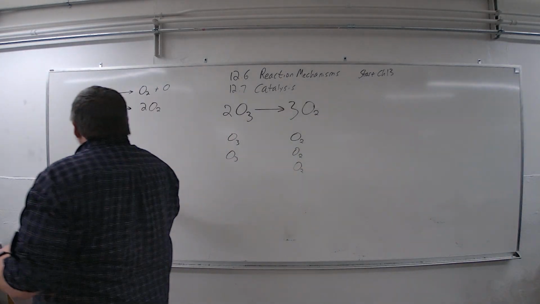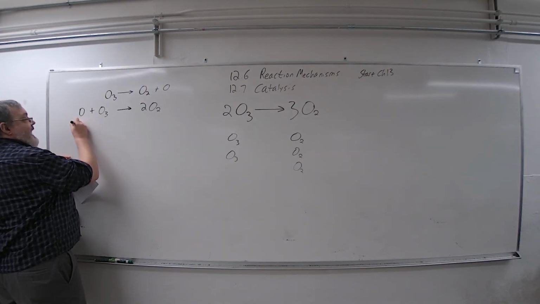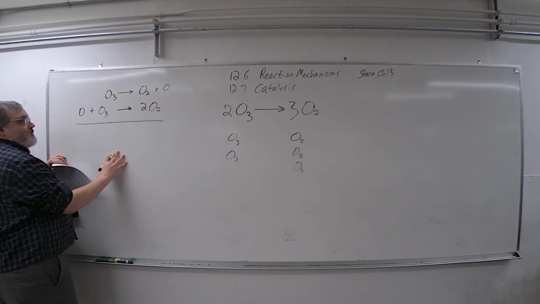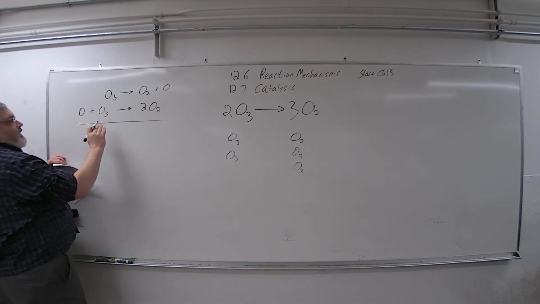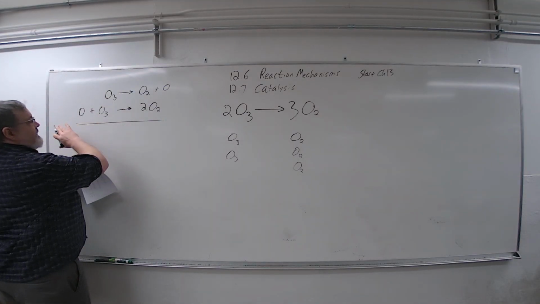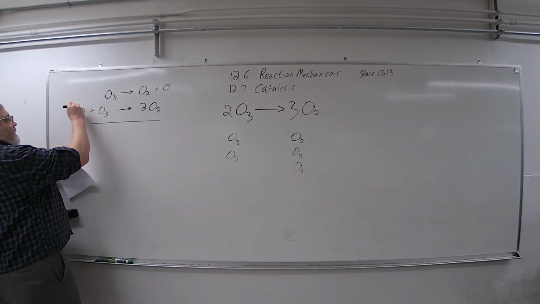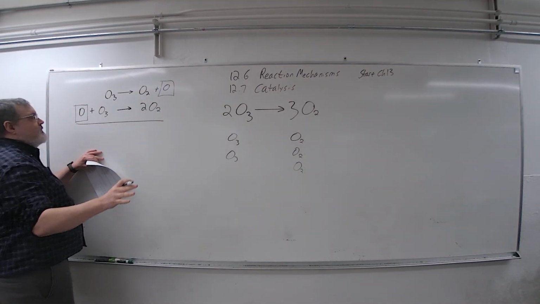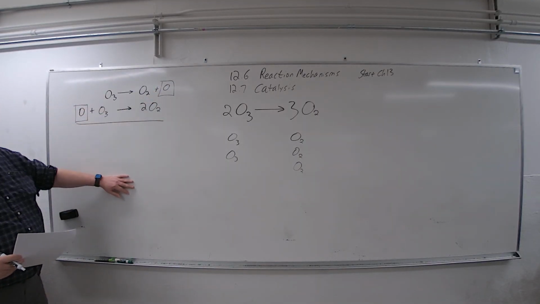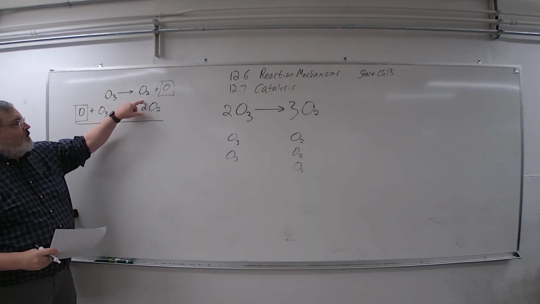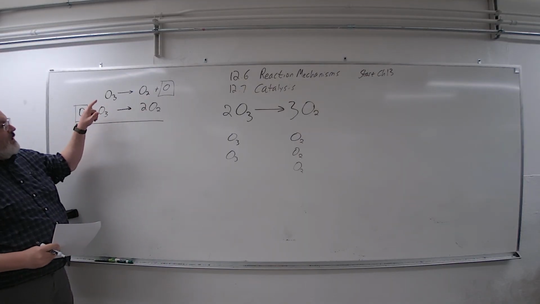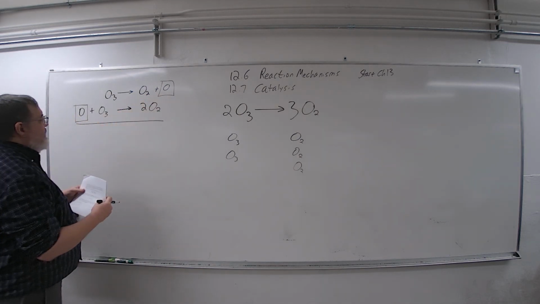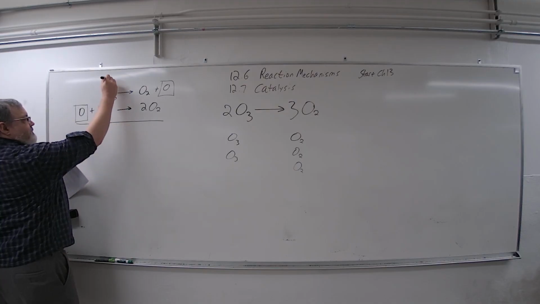One of the things about this when you do it in steps, you can kind of add it the way you would do arithmetic in grade school. You cancel out, if there's something that shows up on both sides, you cancel them out and you bring everything else down. Notice there's no O2 over here and there's no O3 over here, so I'm not canceling any of those. But this, it shows up, I'm canceling that out and I'm just bringing down what's left.